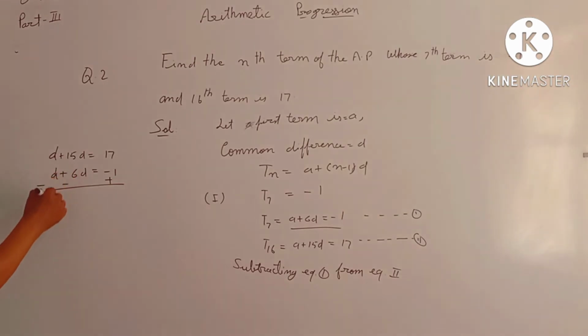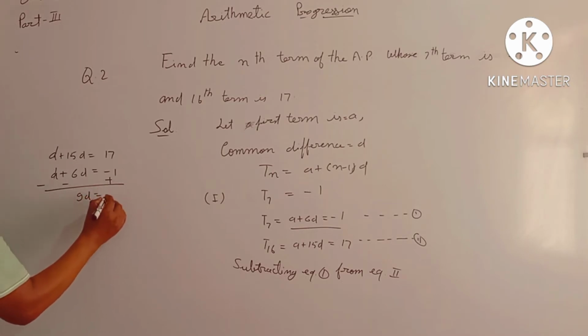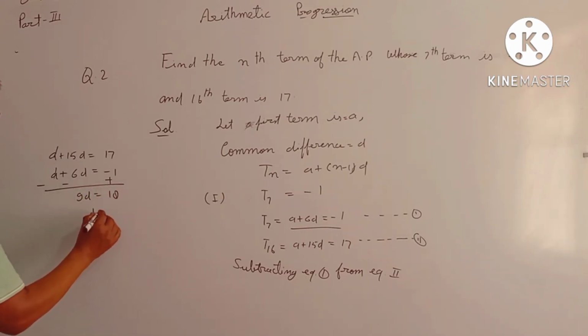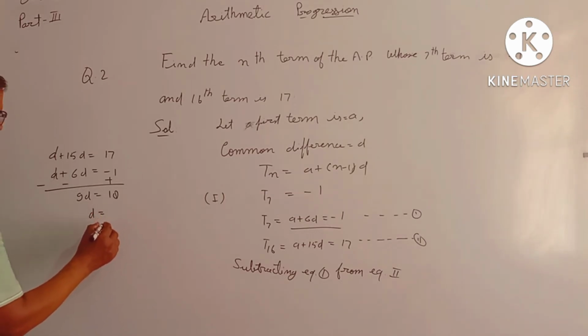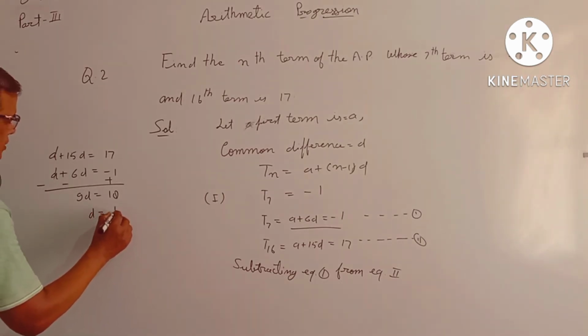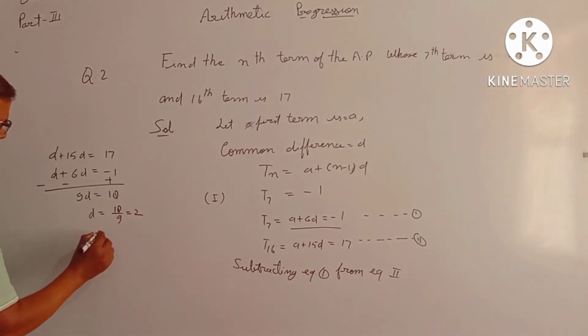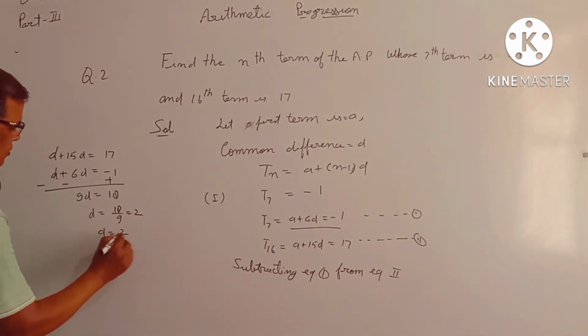Now A cancels. Now 15 minus 6 is 9D, and 17 plus 1 is 18. D equals 18 by 9, it is 2. As we have found, D is 2.